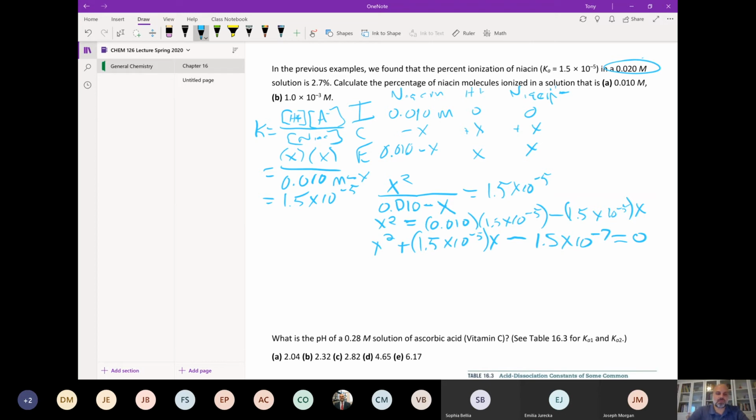The other option would have been to simply assume that minus x was very small, eliminate that, and then solve for the percentage. You can see there's two different answers. They're both really close to one another, probably within experimental error.